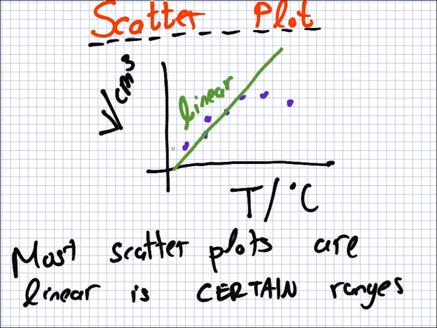So for this particular question, it's only really linear from here up until, I'd say, maybe at most this temperature. And from here up to about here. Okay? So far okay?